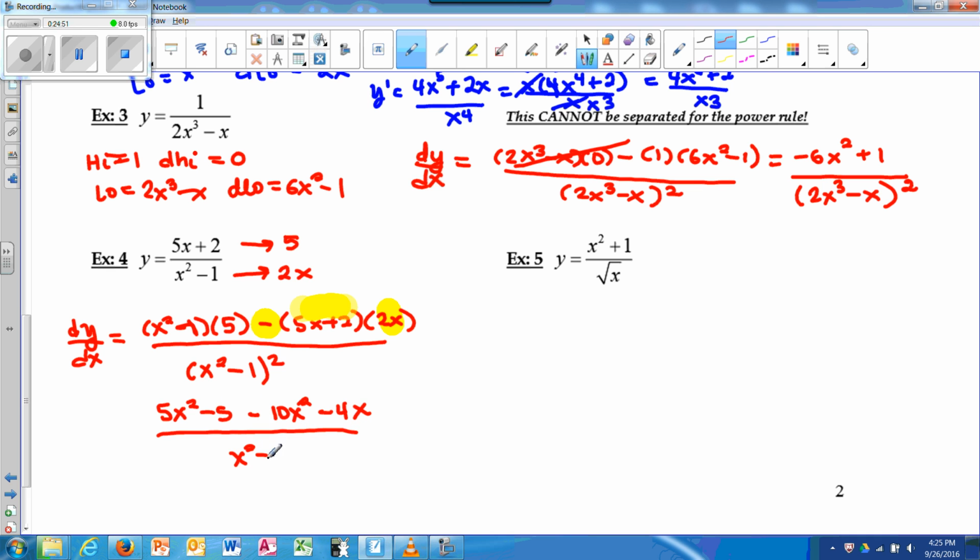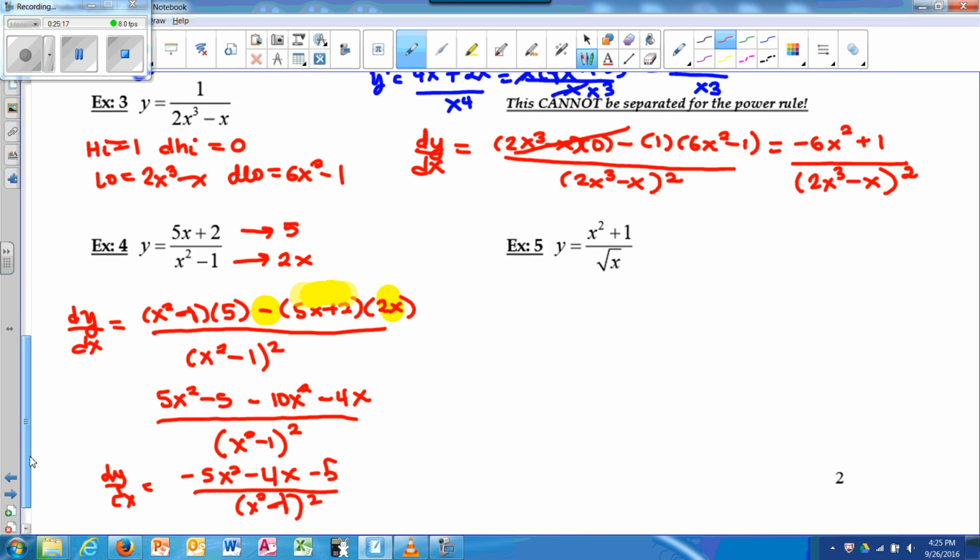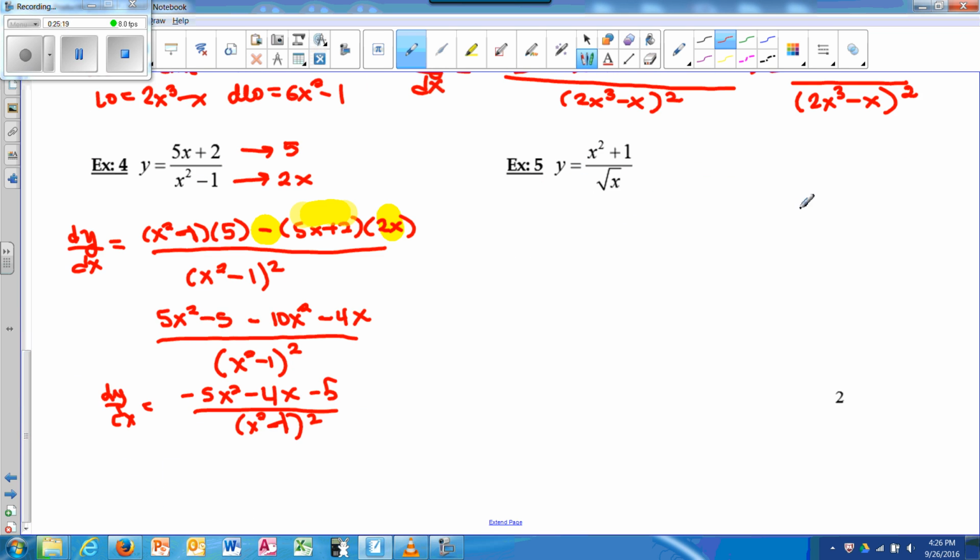Okay, so we have 5x squared minus 5 from the first term, negative 10x squared, negative 4x, all over x squared minus 1 quantity squared. So we end up with negative 5x squared, negative 4x, negative 5, all over x squared minus 1 quantity squared.